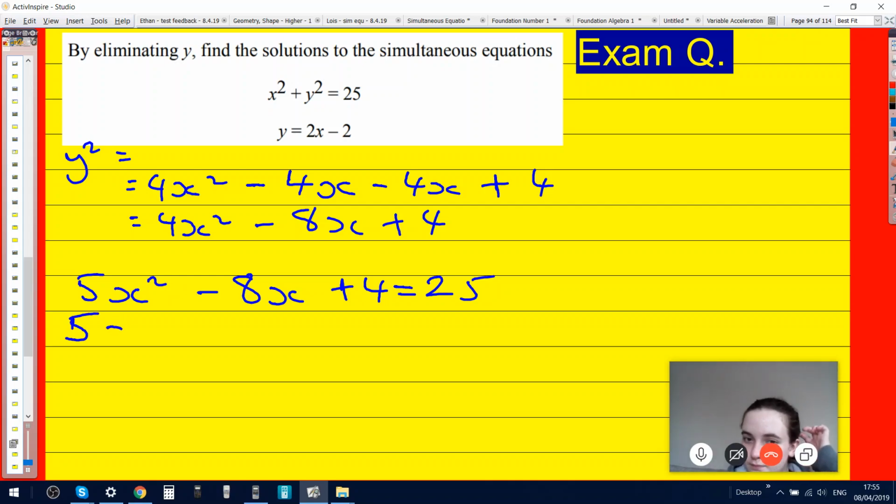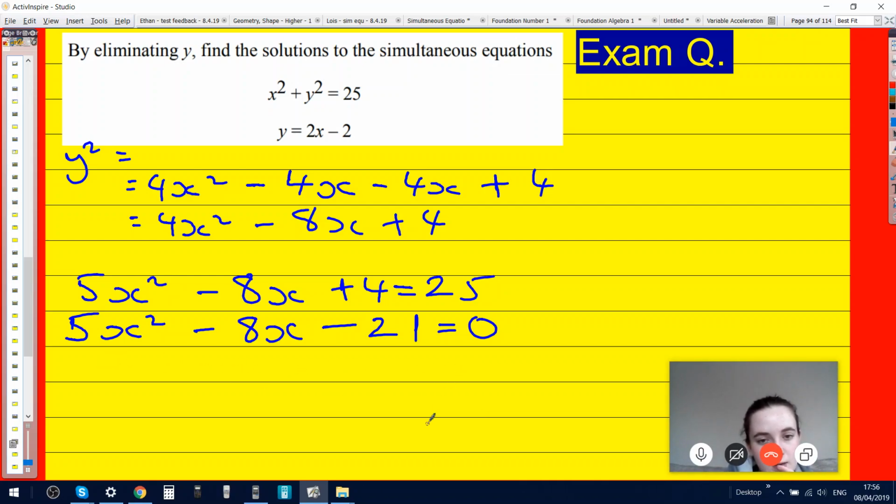And then, would you just get it to equal 0? Yeah. So minus 21 equals 0. How do we solve this?